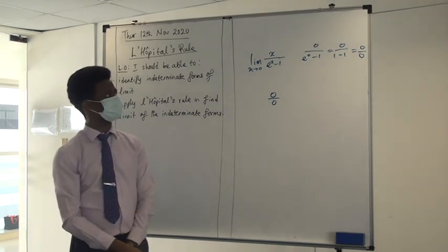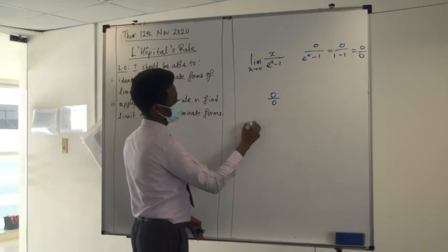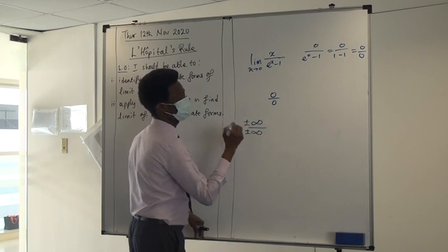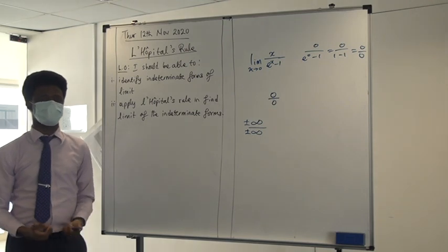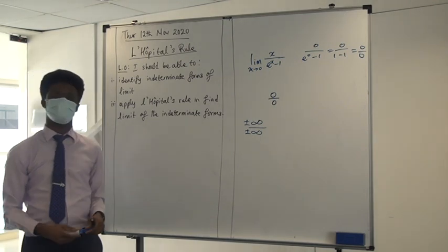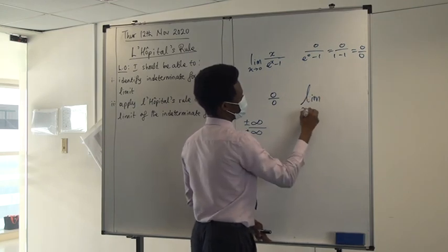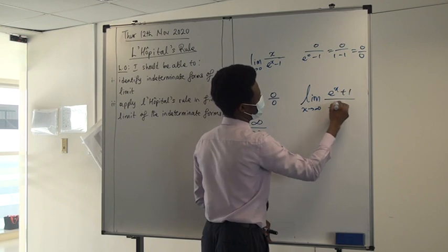So that's one. The second is when you have infinity over infinity, both positive and negative, of course. You might find yourself in a situation where you have infinity over infinity. Take, for example, the limit as x tends to infinity of exponential x plus 1 divided by exponential x minus 1.